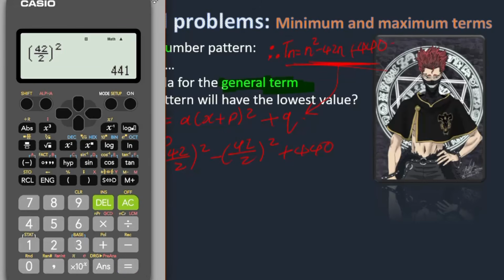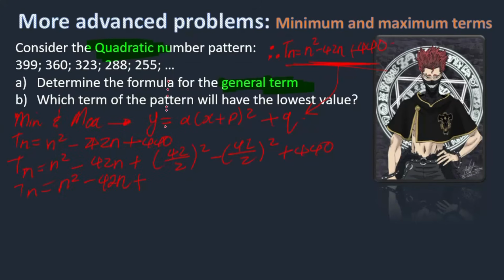Nice. So I'm going to say plus 441 minus 441 plus 440. So Tn is equal to n squared minus 42n. Let me do this.